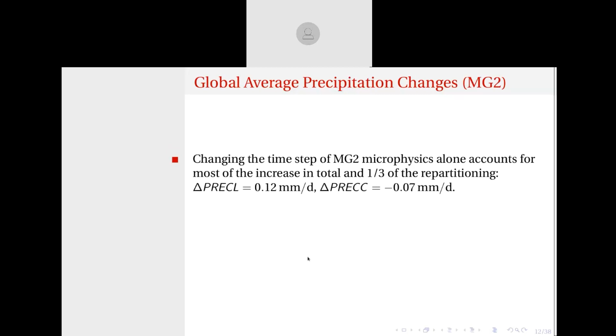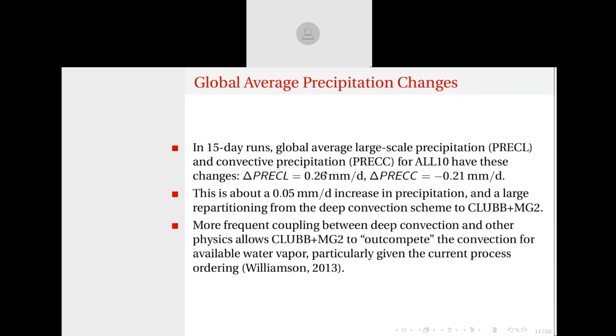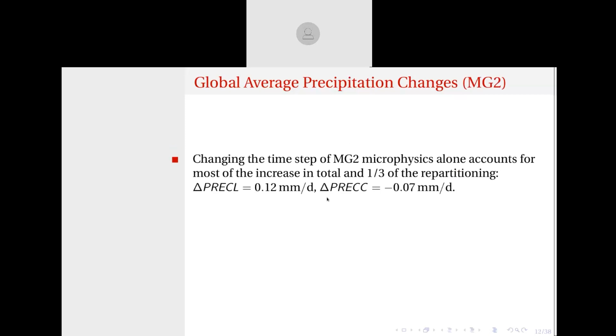On the other hand, when we experiment with just changing the microphysics by itself, so we're not changing the coupling between the different physics schemes or any of these broad model-wide things, just changing the stratiform microphysics time step, you already see a significant shift in the precipitation towards the large-scale scheme. You also see that the total is increasing about the same amount as when you substep everything, about 0.05 millimeters per day.